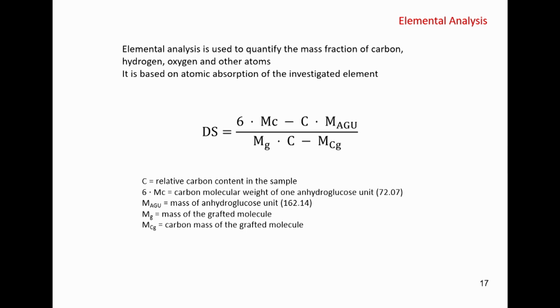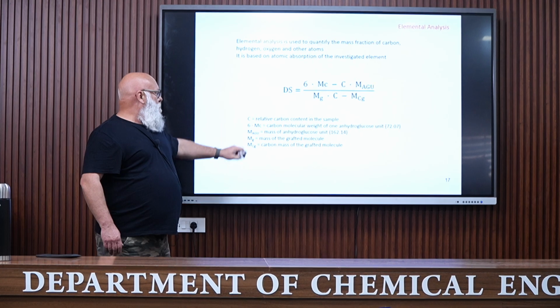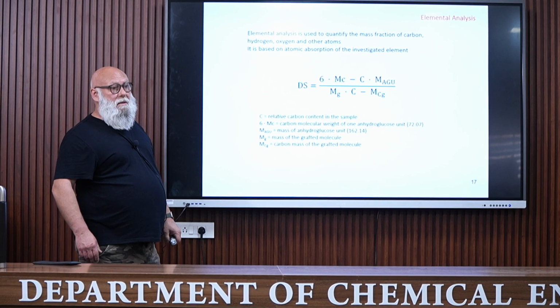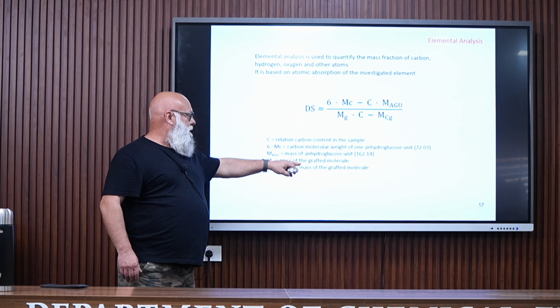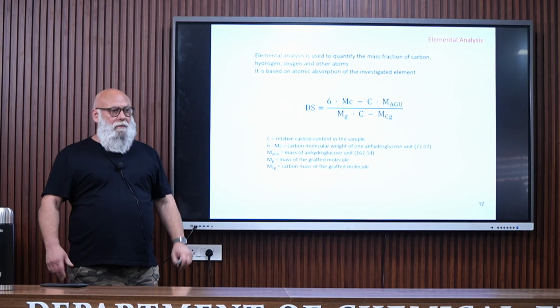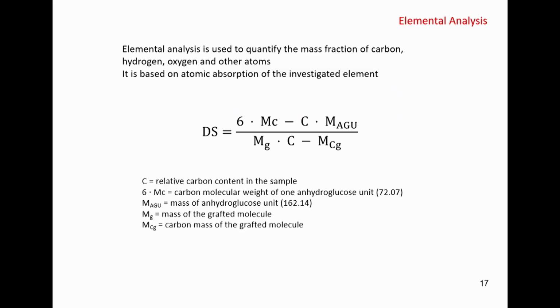It's also necessary to know the carbon mass of one anhydroglucose unit, which is well known, and the mass of the anhydroglucose unit. The mass of the graft molecule can be determined by gravimetry, for example, along with the carbon mass of the graft molecule. We know, of course, the molecule which is grafted, meaning that we know this parameter. And this is the main technique used to really quantify the number of OH groups that have been replaced by other molecules.